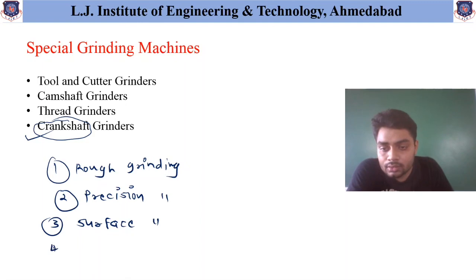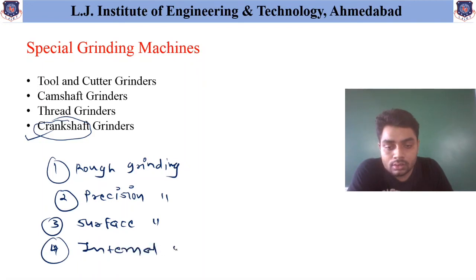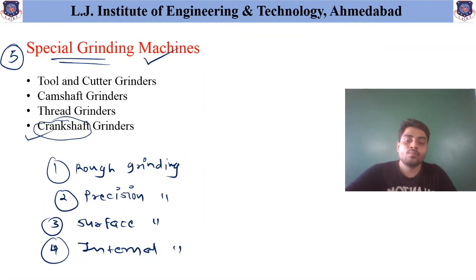And the fourth one, the internal grinding machine. And fifth type is nothing but the special types of grinding machines. And we have also discussed the subtypes available in these major types of grinding machines. So I hope now you have clarity about the different types of grinding machines available and their application in practical life, and where these specific grinding machines are helpful.